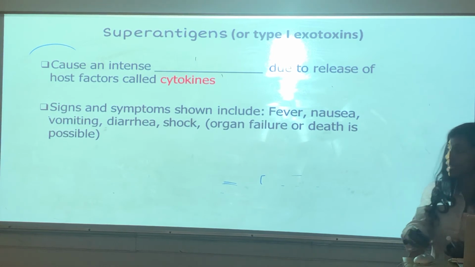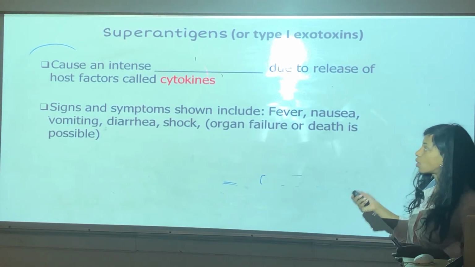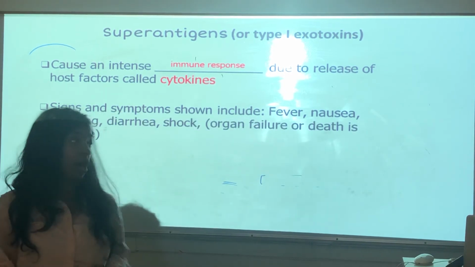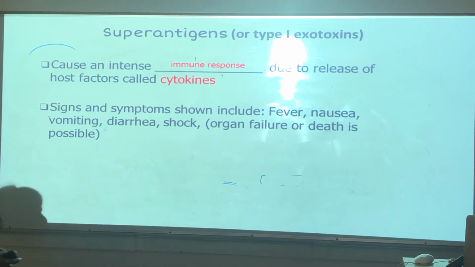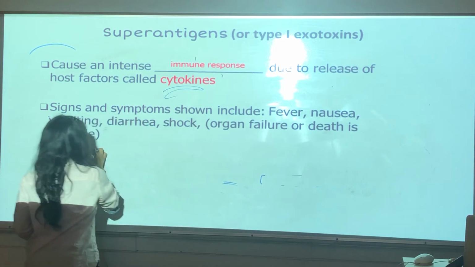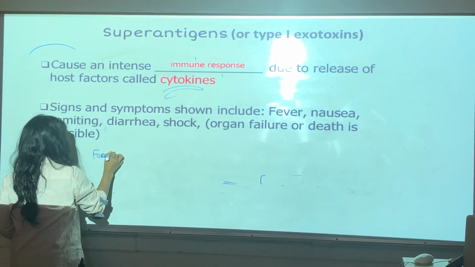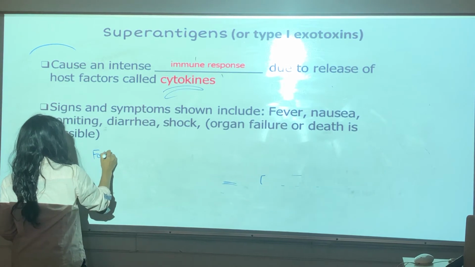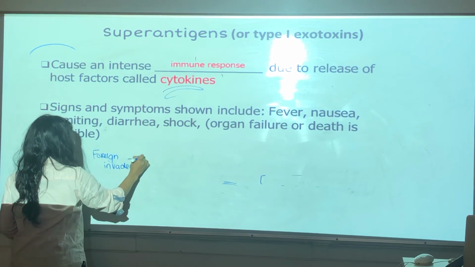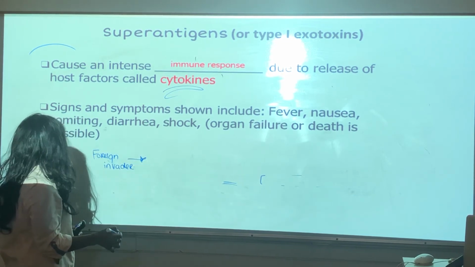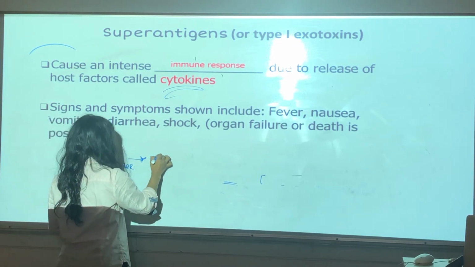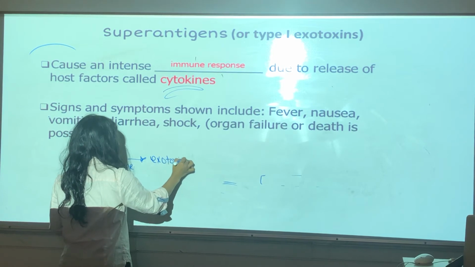There are different types of exotoxins. Our first exotoxin we call the superantigen, and the superantigen causes an intense immune response. This immune response is due to the release of cytokines. So the microorganism comes in, and when the foreign invader is in, it causes damage by releasing exotoxin 1, which is a superantigen.